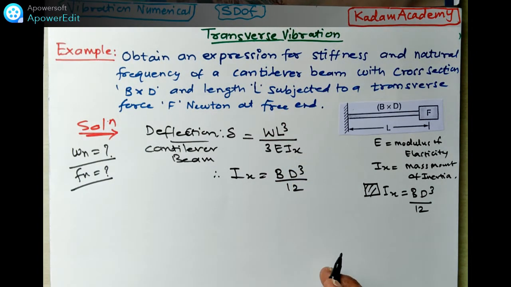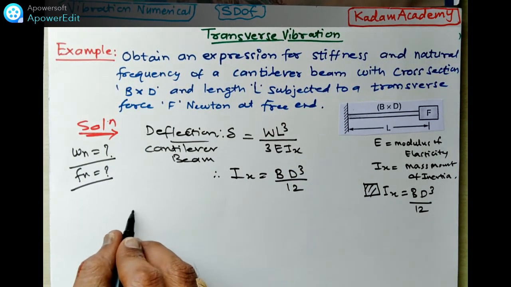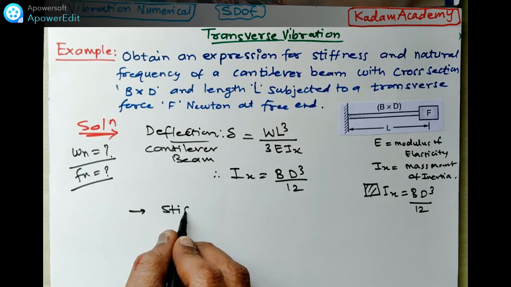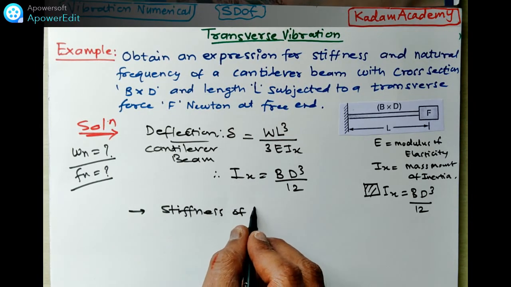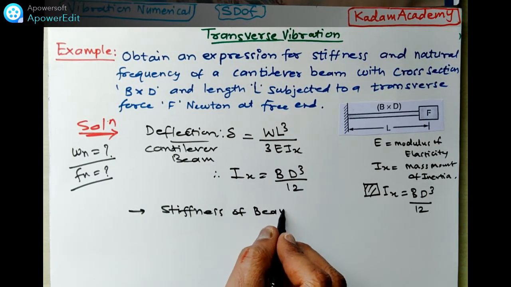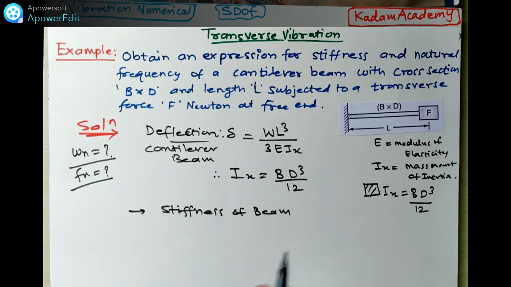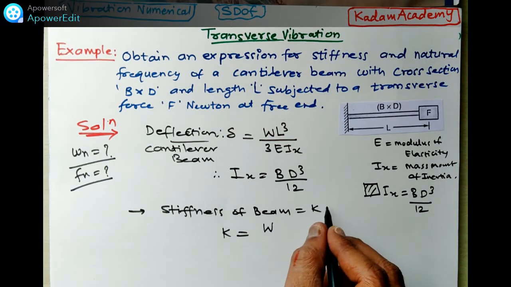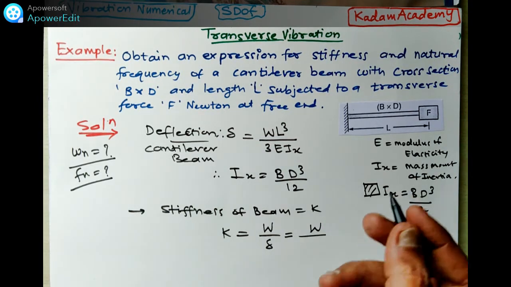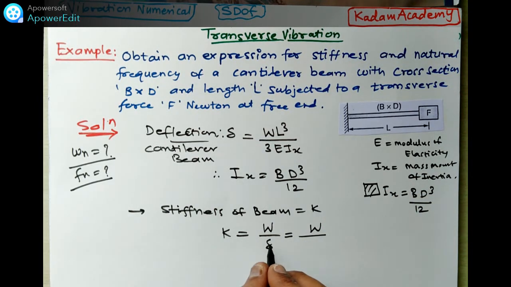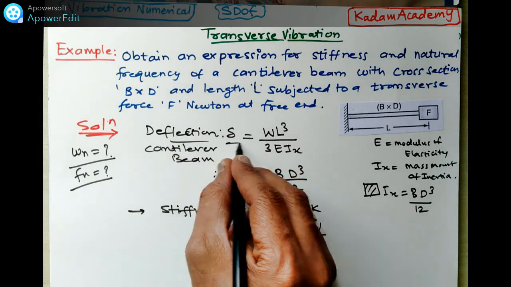Now find out the stiffness of this beam. This beam is considered with the stiffness K. The K we can calculate by using this formula W by del, where W is the force or whatever the weight, and in the denominator this del.